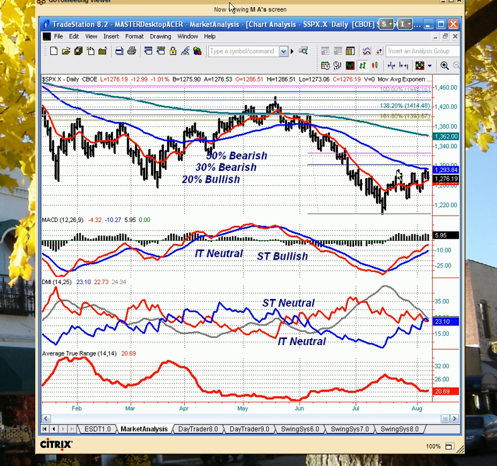So 1275 to 1295, 1250 to 1300 from a bigger perspective. Certainly setting up a nice move we're expecting in the S&P. We are trying to hold these lows right here in price, 1275.